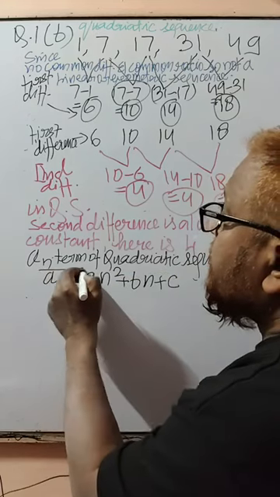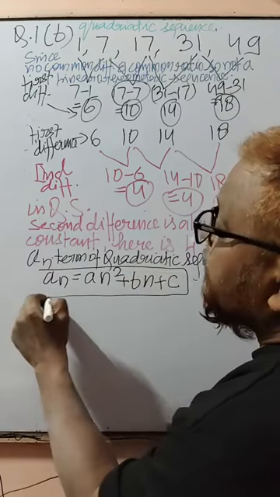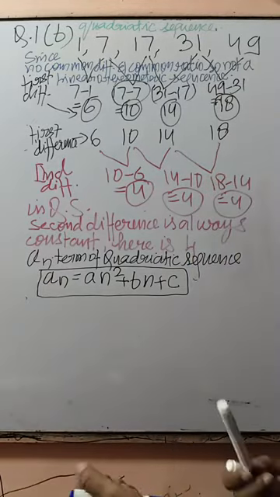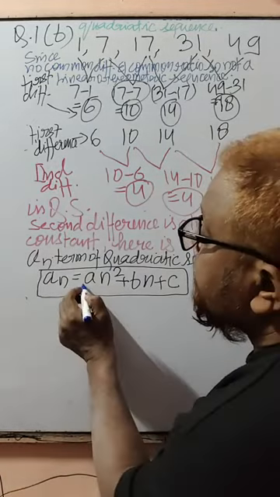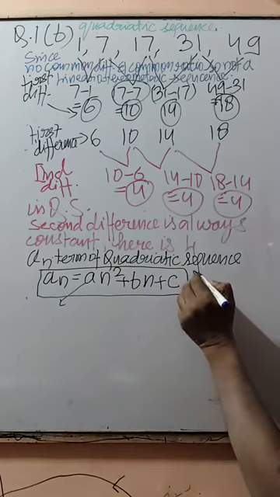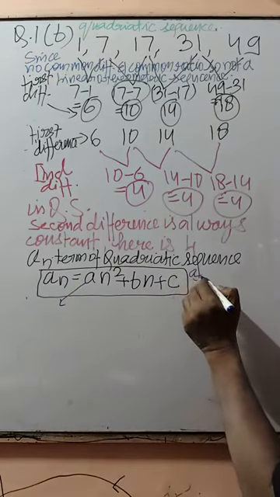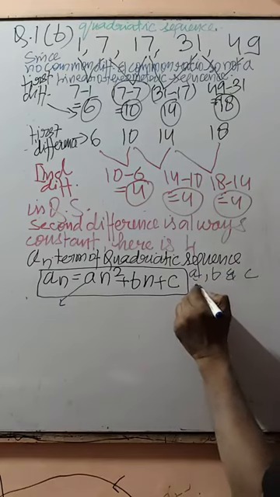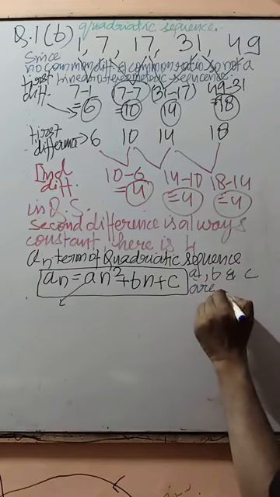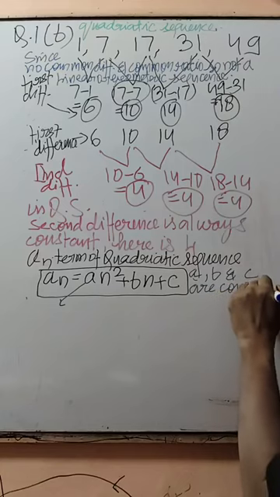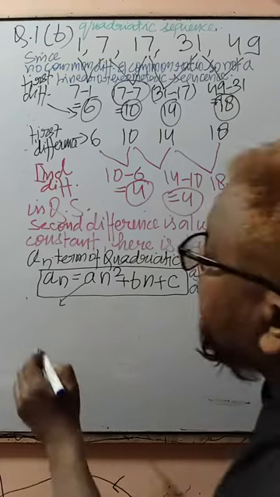This is the nth term of a quadratic sequence, right? Where a, b, and c are constants, right?